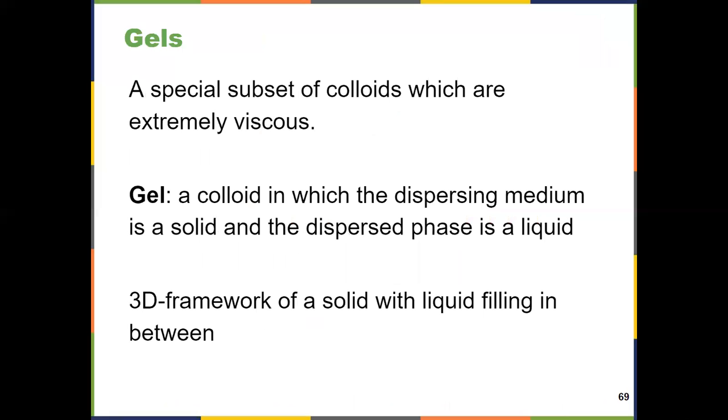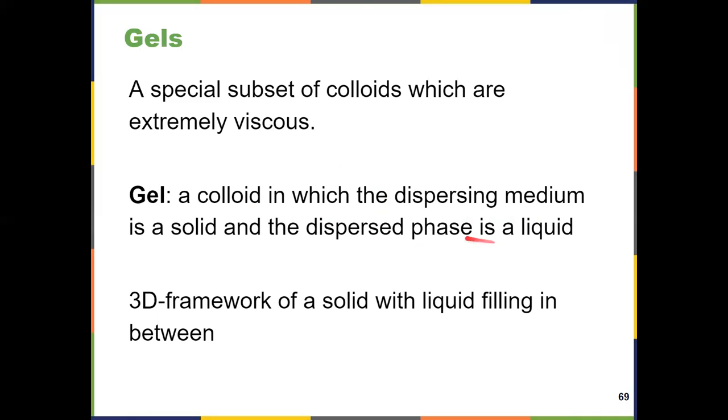But let's get to the question we had at the beginning. What's a gel? What is Jello? Gels are subsets of colloids where we're dealing with extremely viscous materials. Specifically, the dispersing medium is a solid and the dispersed phase is a liquid.